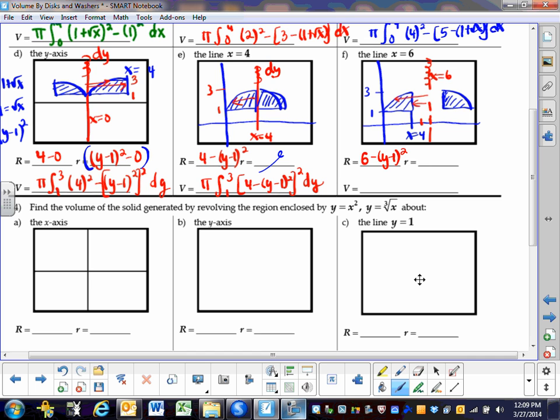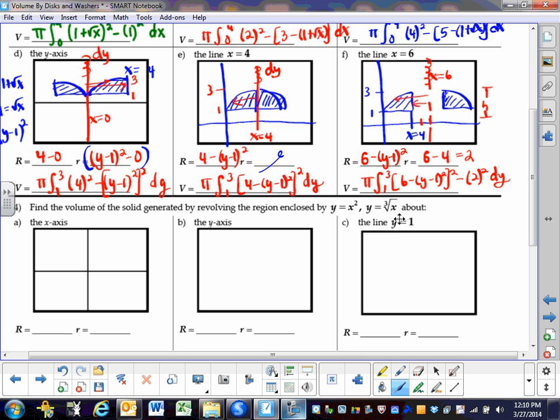The inside radius is the difference between x equals 6 vertical line and x equals 4 vertical line. So we get 2. So it's pi. The y values travel from 1 to 3 to make the height of our shape. And it's the outside radius, which is 6 minus, parentheses, y minus 1, quantity squared, all squared. So that's the r squared minus r squared dy.